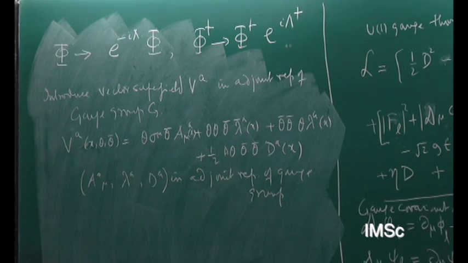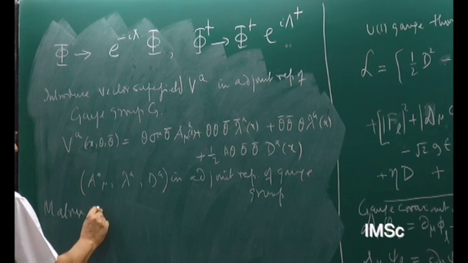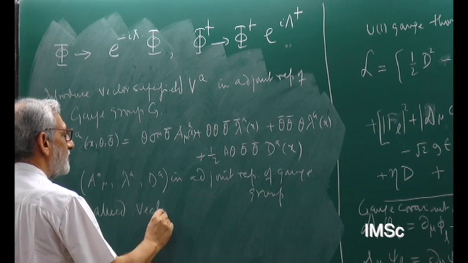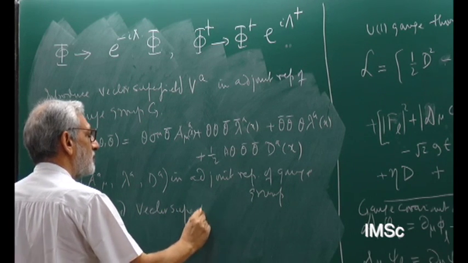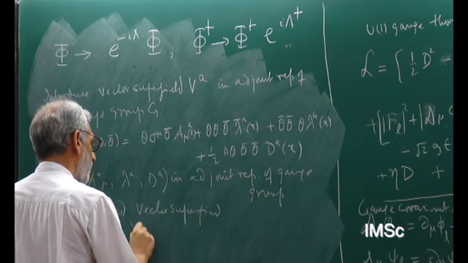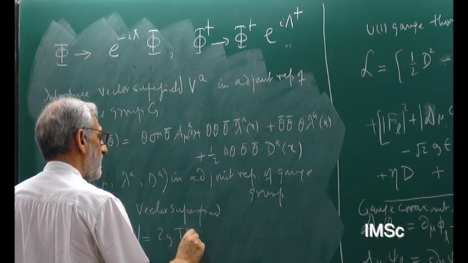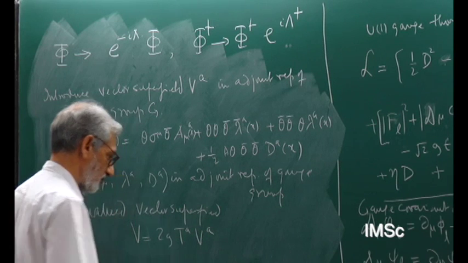Now from this, construct a matrix valued vector superfield V equals 2g T^A V^A.